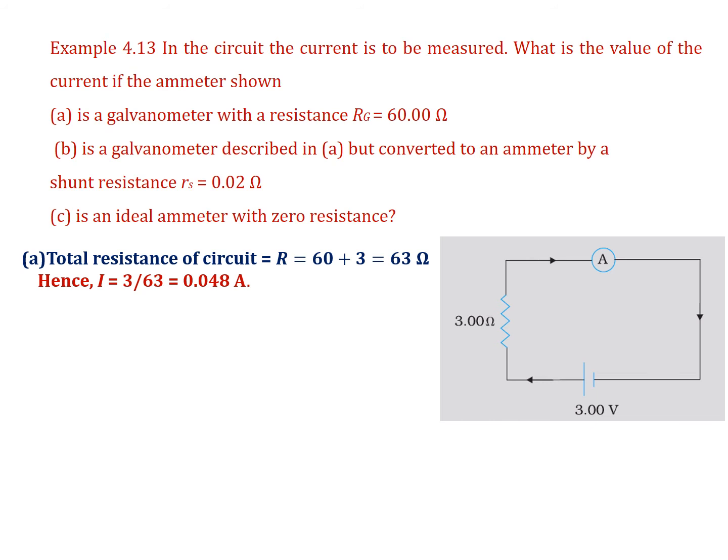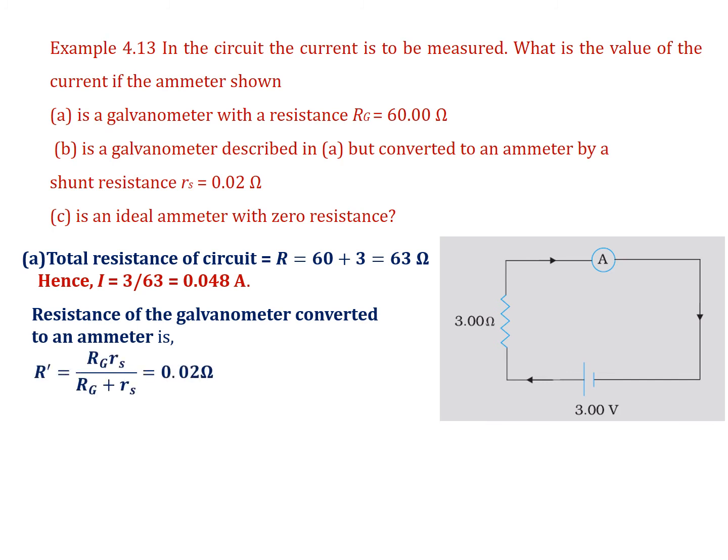Now the second case. We have a galvanometer that is converted into an ammeter using a shunt. So the resistance in the circuit will be Rs into Rg upon Rg plus Rs. Taking Rg as 60 and Rs as 0.02, we get the equivalent resistance as 0.02 ohm.